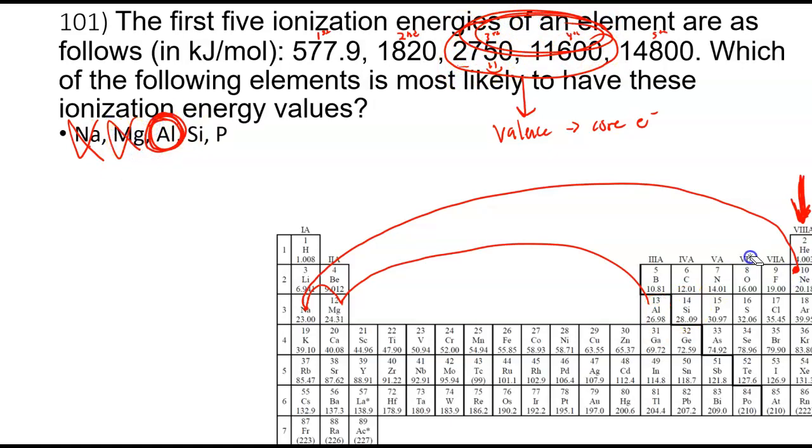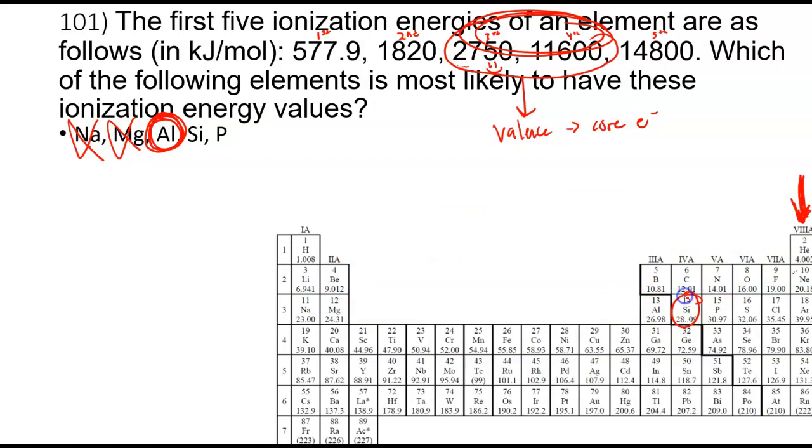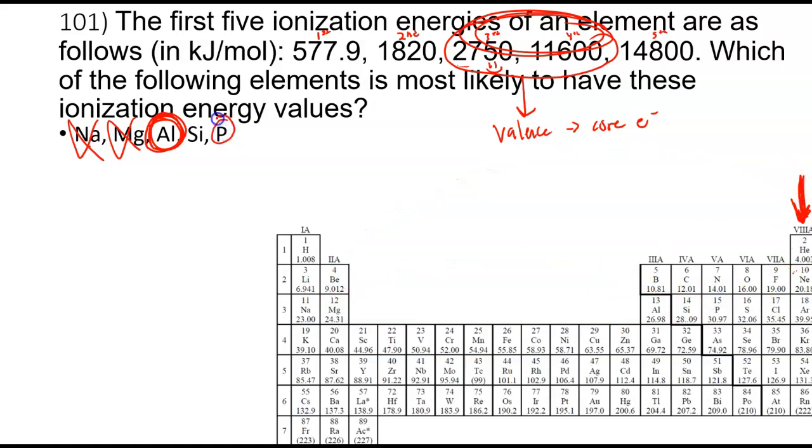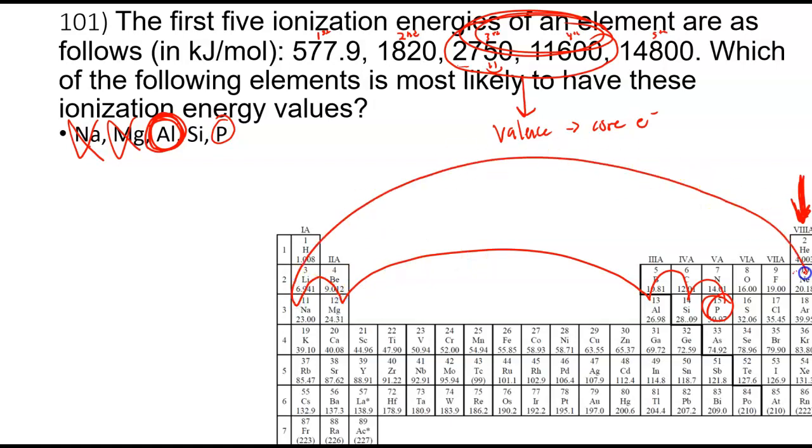If we look at silicon, let's just do silicon real quick. Silicon loses 1 electron, 2, 3, 4 electrons here. It would be when you took this electron away, so it would be between the 4th and 5th for silicon. And for phosphorus, 1 electron, 2, 3, 4, 5 electrons.